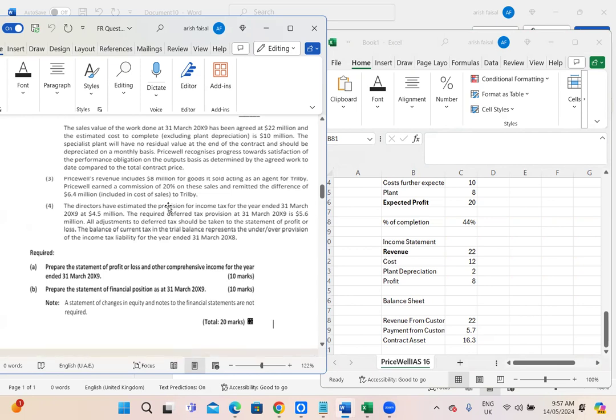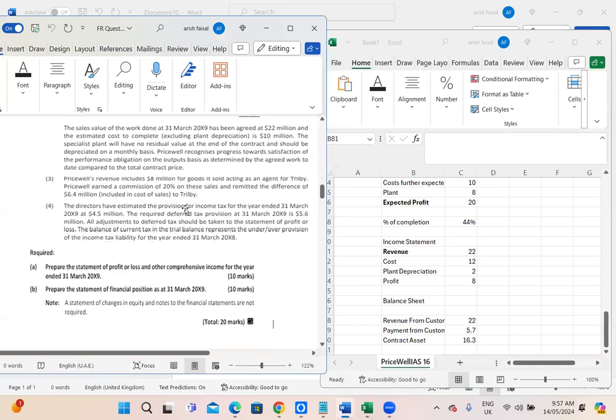Like normally you get a question in the exam where the treatment is wrong and you have been asked to correct it, right? So I don't need to record the whole revenue of 8 million. That's against the principle of agent relationship, that you just record the commission, right? The rest would become a payable actually.